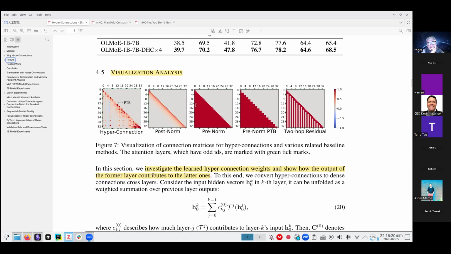So for pre-norm, the later layers, for example layer 28, get impacted by all previous layers. And for post-norm, the later layers are only impacted by a few previous layers just adjacent to it. When they look at the hyperconnection, it's a mix of both.